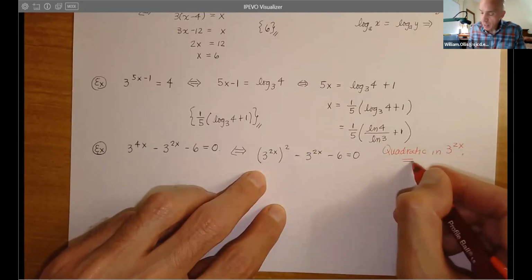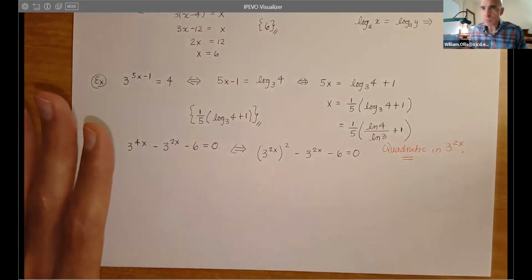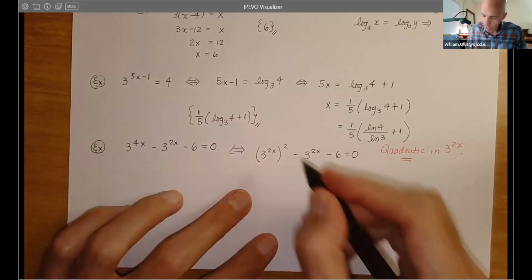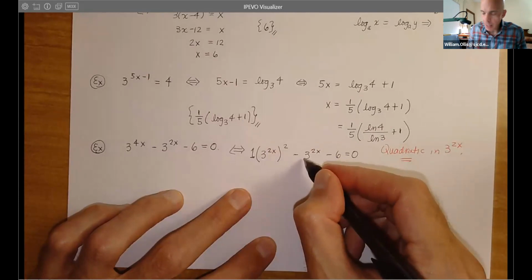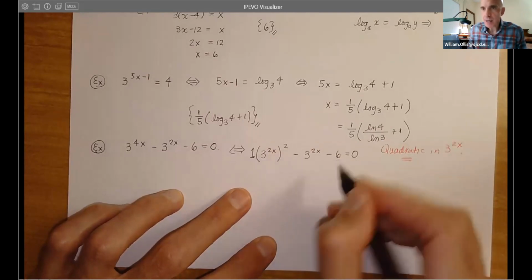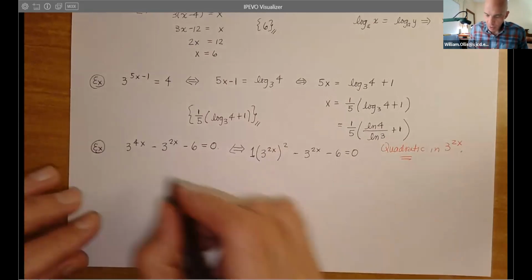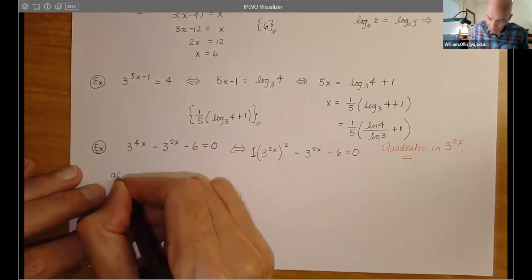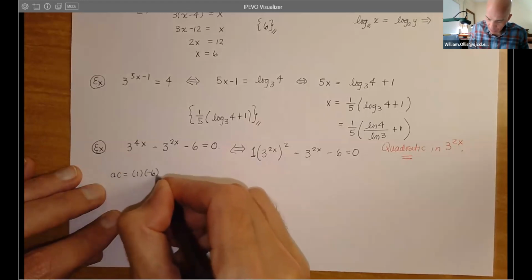We're happy when we have quadratic equations because we understand quadratic equations. So now we've got a 1 here, we have a -1 here, and a -6 is the constant term. Now we're thinking that factors. So if we do AC, we get 1 times the -6.